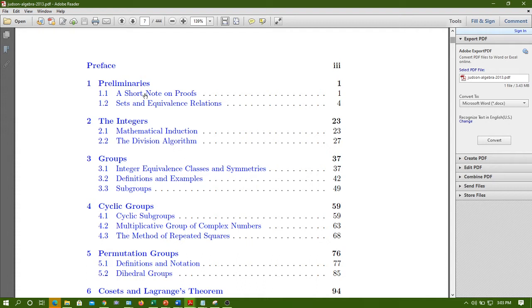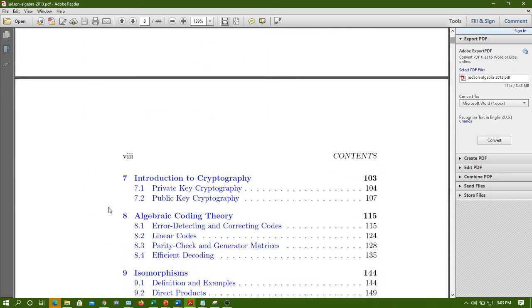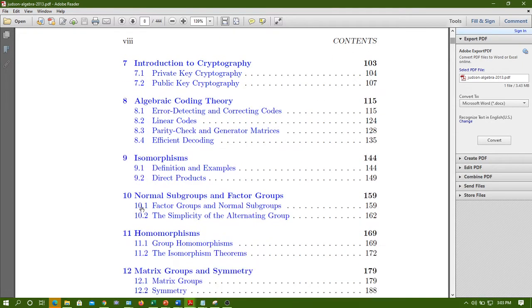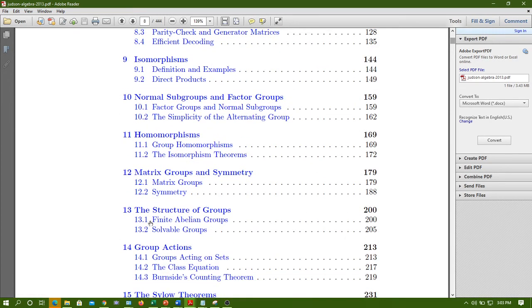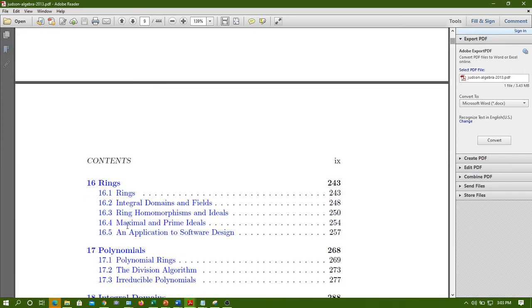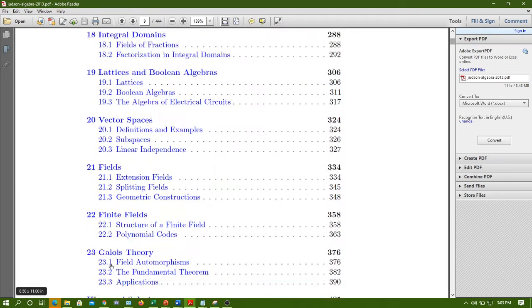So I choose this book now because I hope we can really come up with the discussion with the groups, the different kinds of groups, and this isomorphism, homomorphism, symmetry, structure of groups, and the rings, polynomials, integral domains, and fields.